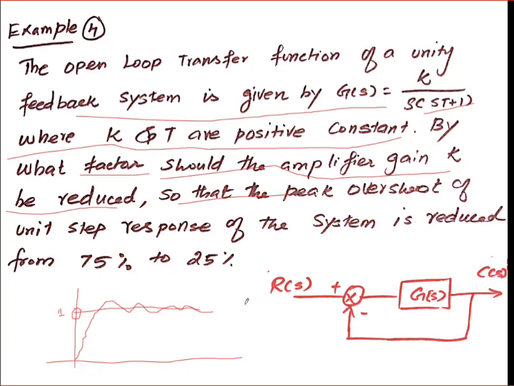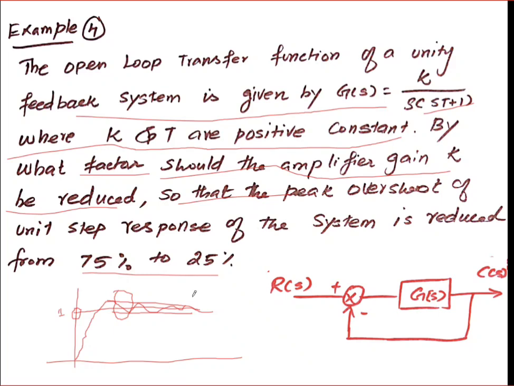Now what they are asking is that you have to do something on the input signal or gain or other parameters to reduce the peak overshoot, this value, so that the peak overshoot will reduce from 75% to 25%.